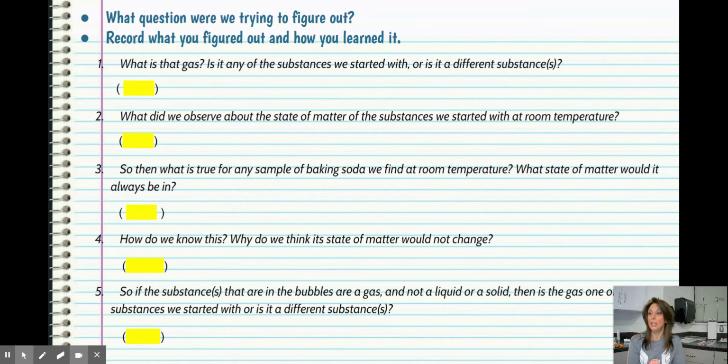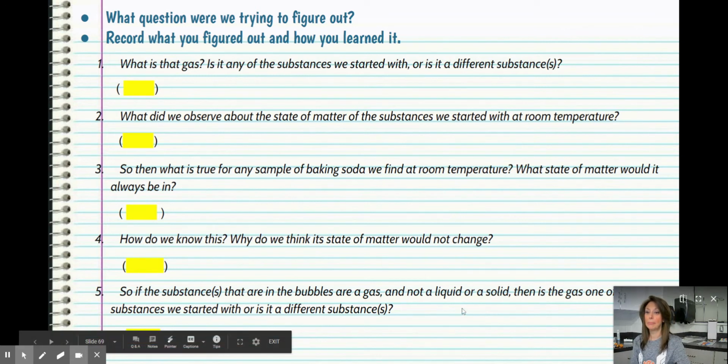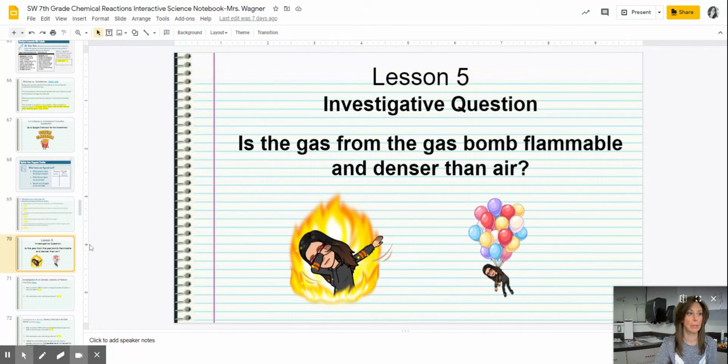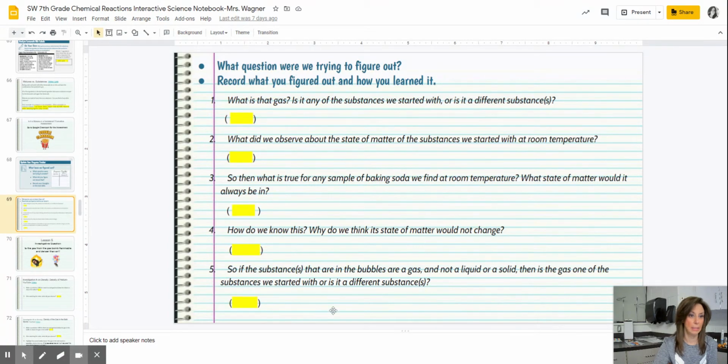And number 5, so if the substances that are in the bubbles are a gas, because inside the little bubble, the membrane of the bubble is a gas and not a solid or a liquid, then is the gas one of the substances we started with, or is it a different substance?